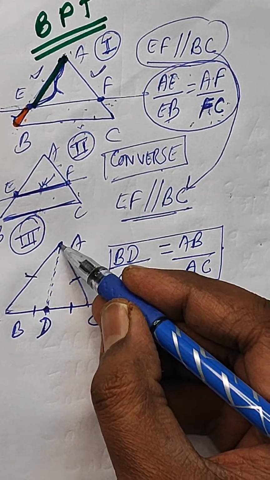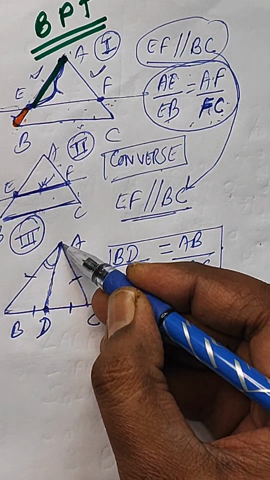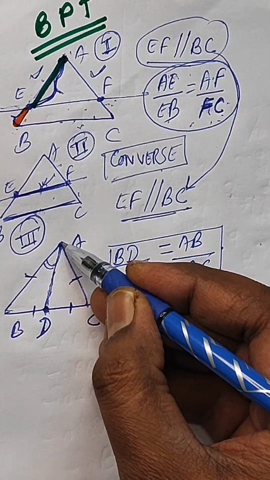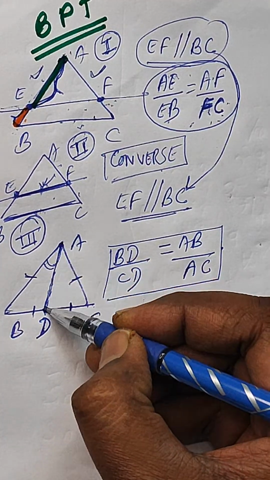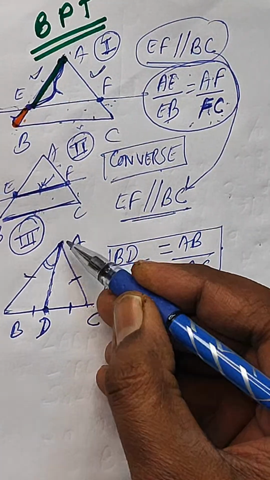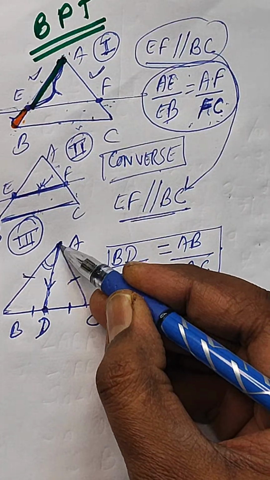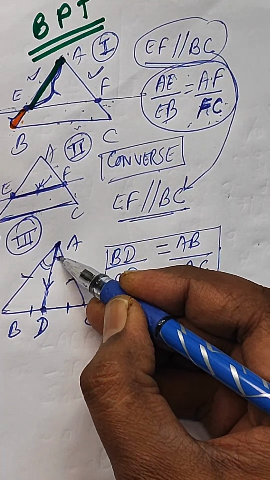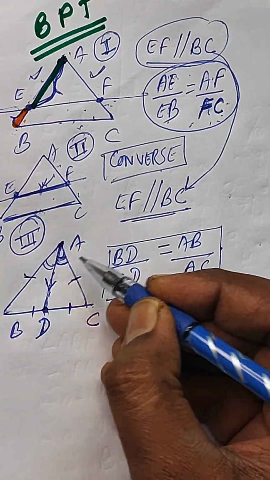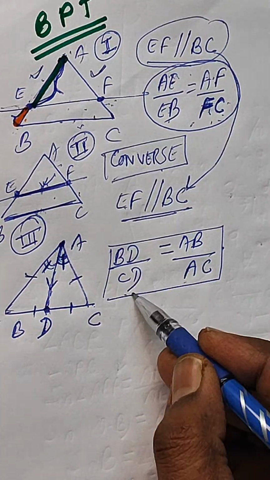If this condition is given to you, then this line AD bisects the angle at the vertex. This AD is initiating from A and going towards D, so A is the vertex, and this angle A will be bisected if this condition is valid.